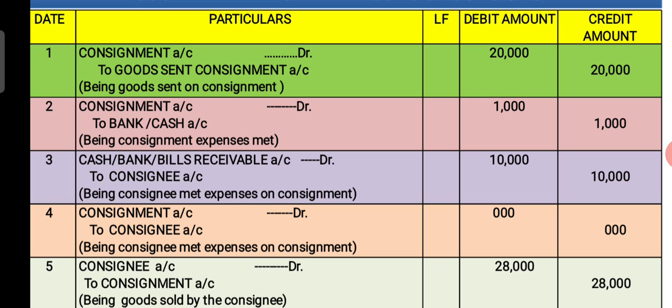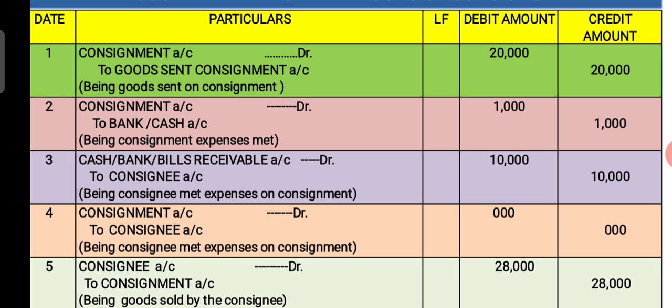When we receive advance from the consignee, here we means nothing but consignor, we think ourselves as a consignor. When we receive advance from consignee, then we write this third entry. What are we receiving as advance? Bills receivable. Okay, write the entry. Here no need to write cash or bank, because bills receivable is clearly given in the problem.